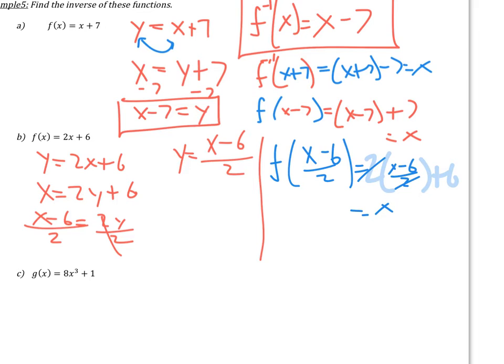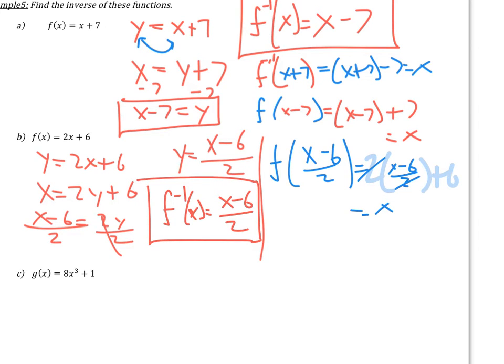Now, if we take our inverse function that we just found, this is our inverse function. This means subtract 6 and divide by 2. Okay. So there's our f negative 1. So let's start with that. F of, and let's put x in there. So the x is 2x plus 6. And so we get, here is f inverse, x minus 6 over 2.